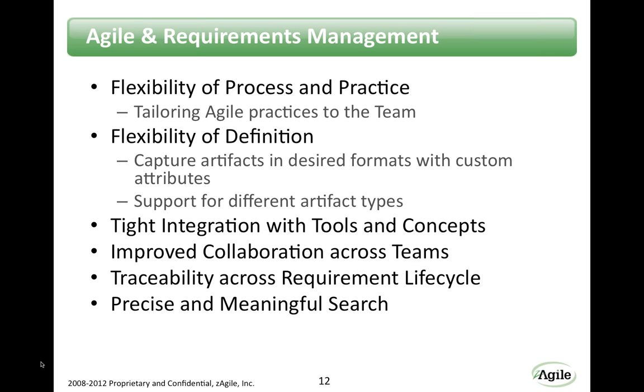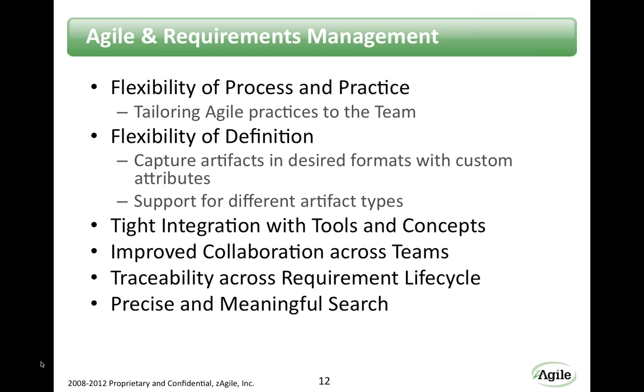When have they been executed, which iteration, and so on. And also, of course, what stories have been associated with it, what are the development tasks for the requirement, which ones have been completed. So you're managing it at the requirement level, not necessarily at the iteration level or at the story level.